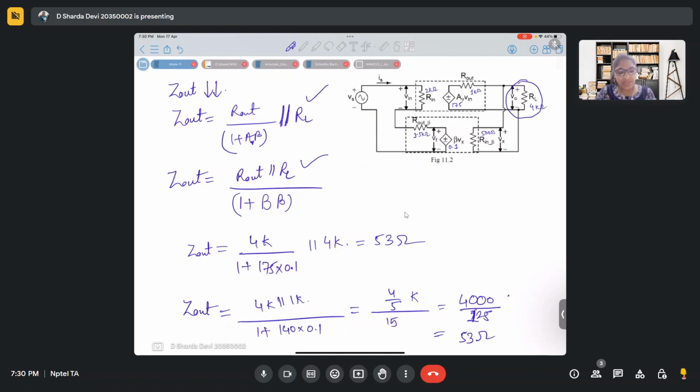So we can use either of the two. Once you go through the derivation, see whichever formula you are very comfortable with and keep that formula in mind, otherwise you might get confused. Likewise for Zin also you'll get two sets of formulas, and for these also.